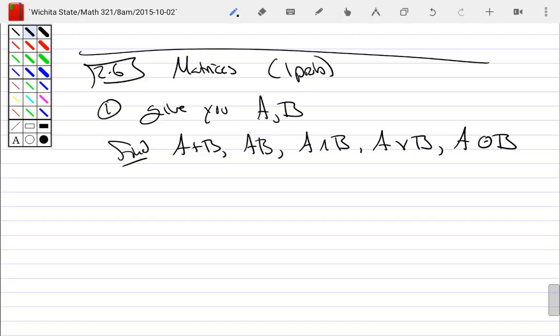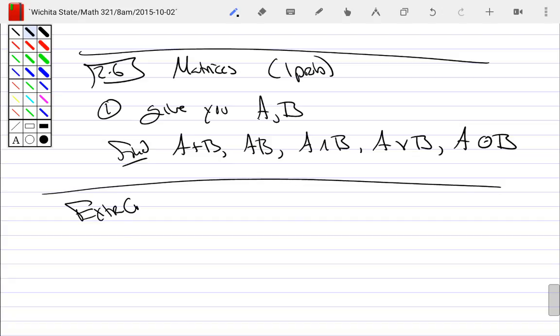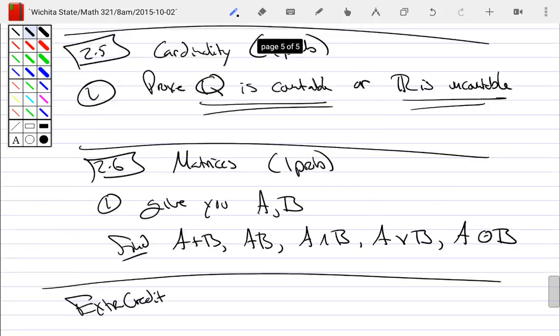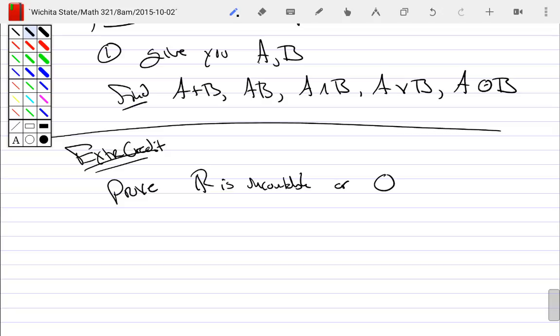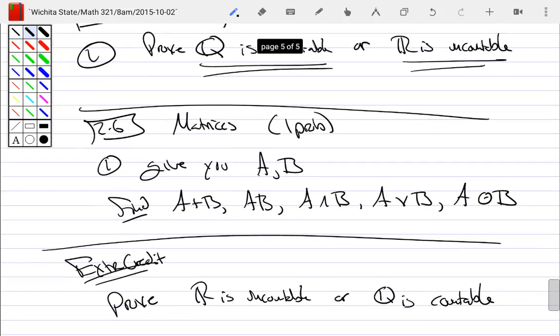Extra credit. Here comes the fun part. Let me see. I said Q or R, which is going to be prove R is uncountable or Q is countable. Notice how the order is switched?